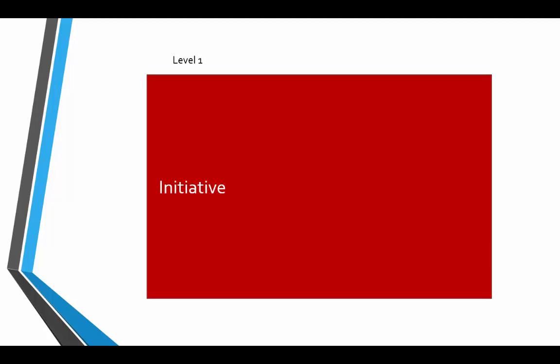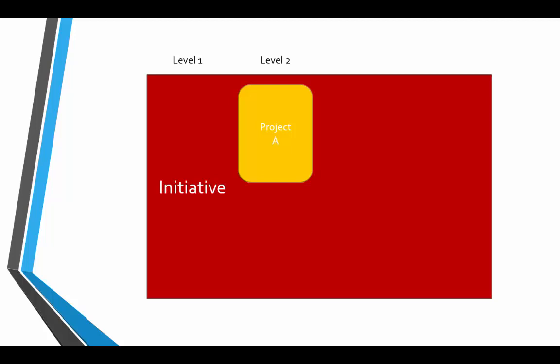Within your initiatives, you will have projects, and within your projects, you will have items, and within the items, you will have tasks, which can be assigned to individuals in your organization.